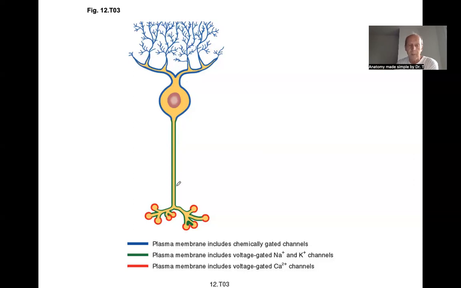The green colored part, obviously the axon, plasma membrane, would include voltage-gated channels of both sodium and potassium. So that could be information that we use to explain quicker what saltatory conduction is. And here at the very end, at the synaptic end bulbs, for the first time, we noticed that there are some other channels, voltage-gated calcium channels.